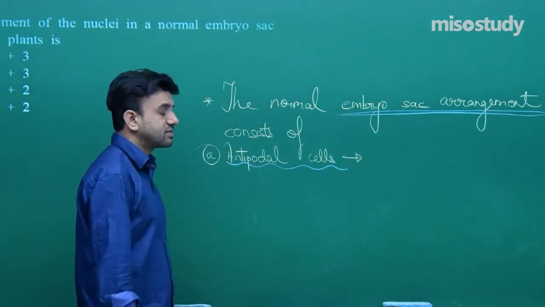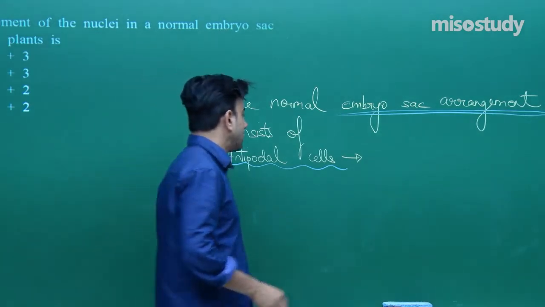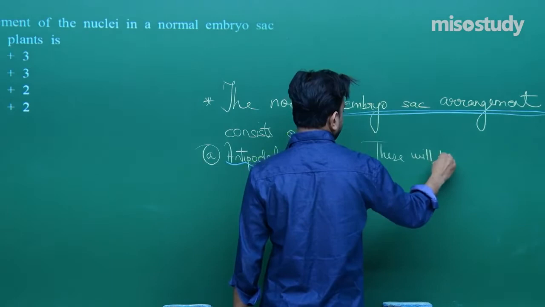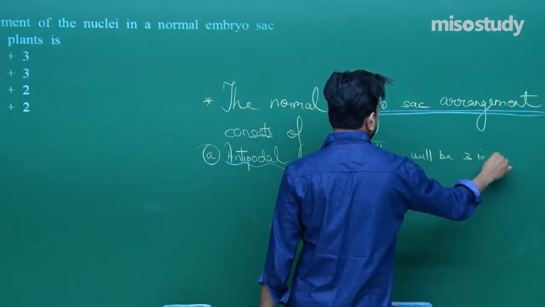And the antipodal cells will be 3 in number.